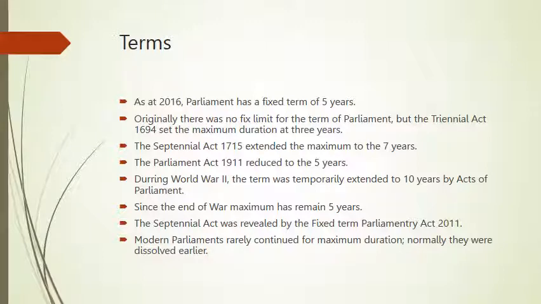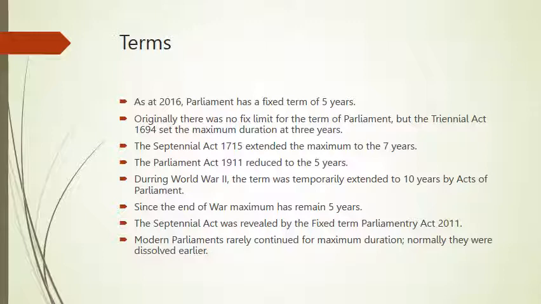Later on, since 3 years was a very short period and frequent elections were costly, in 1715 the Septennial Act extended the maximum period for Parliament to 7 years. The Parliament Act 1911 reduced it from 7 to 5 years. Now the maximum limit fixed for a parliament is 5 years.